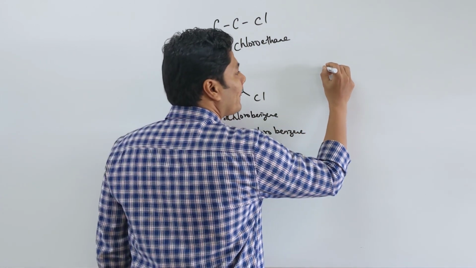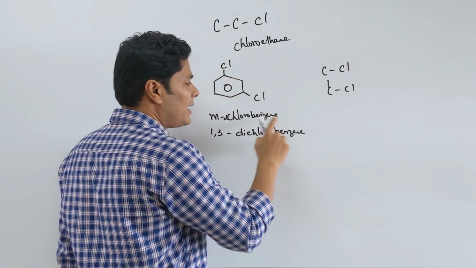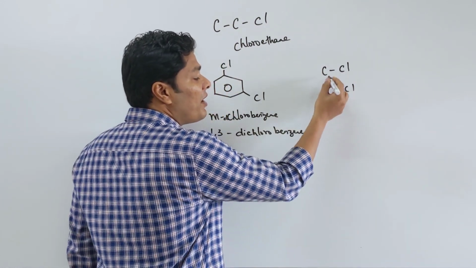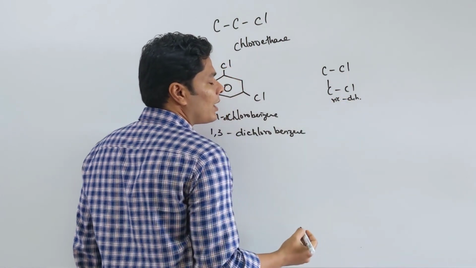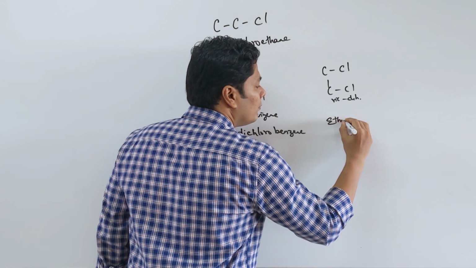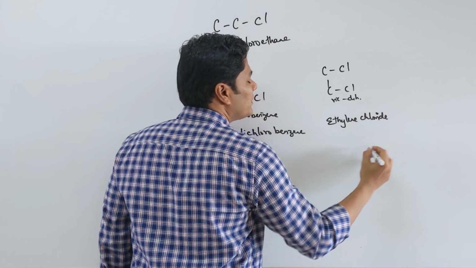Similarly, when we take this molecule, the common name for this would be, we just saw that it is going to be vicinal. So, this is a vicinal dihalide. So, we can call it ethylene chloride. This is the common name.